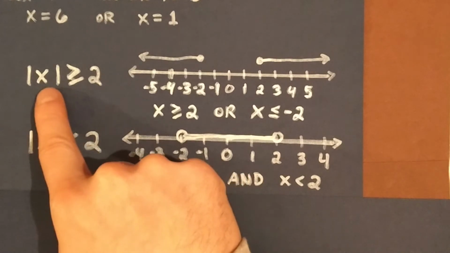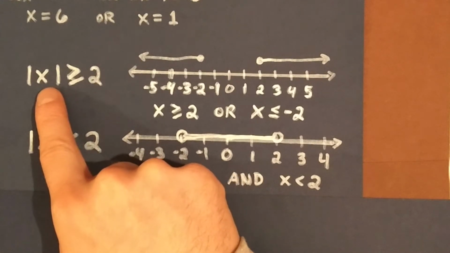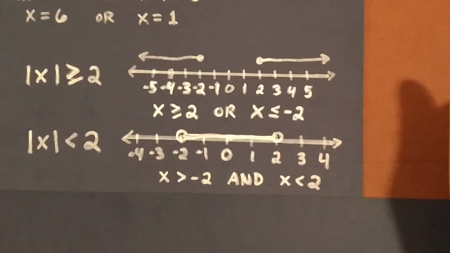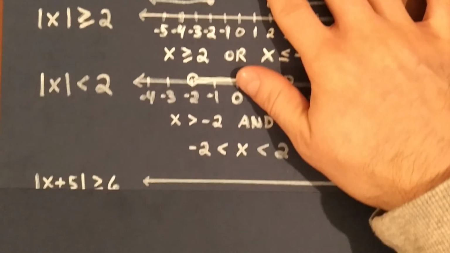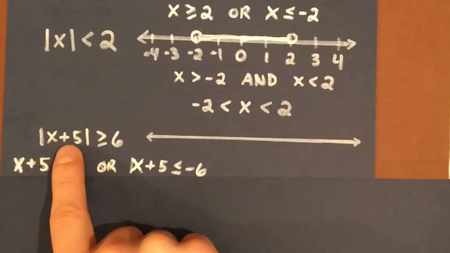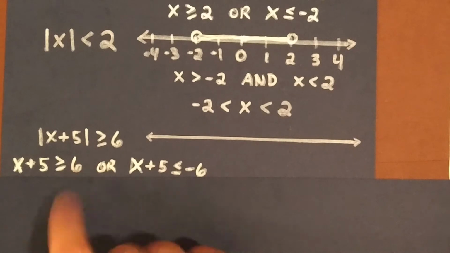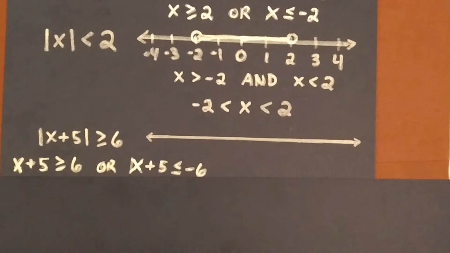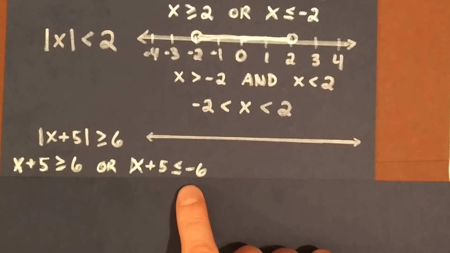So the distance from 0 of this thing is either more than 2 to the right or more than 2 to the left. So here, the distance of this thing from 0 is either more than 6 to the right, so greater than 6, or more than 6 to the left, less than negative 6.